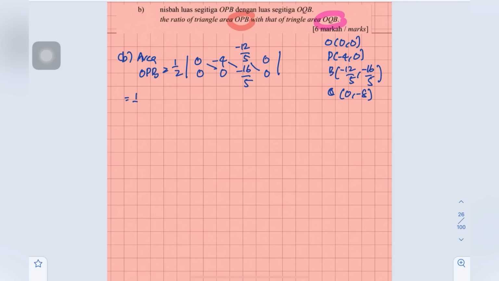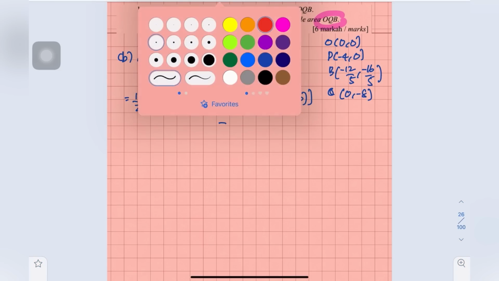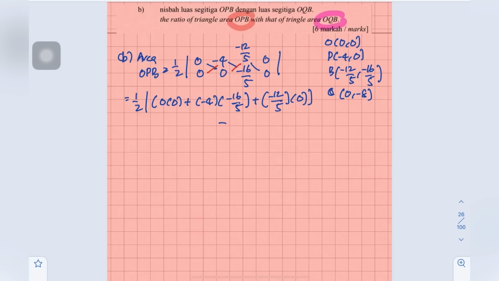So this one 1 over 2. 0 times 0 plus negative 4 times negative 16 over 5 plus negative 12 over 5 times 0. Okay, so minus. Okay, so then the opposite.